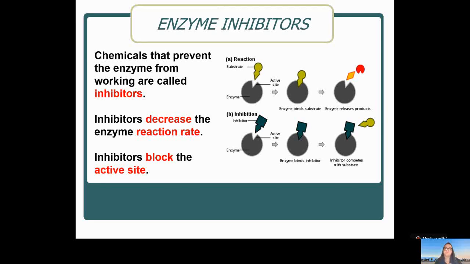So in enzymes, the inhibitors work kind of like duct tape that goes over your active site and binds to it, and now it's competition for the substrate, because if the inhibitor comes in and binds to the enzyme, it's now taking up the place that a substrate could be taking up.